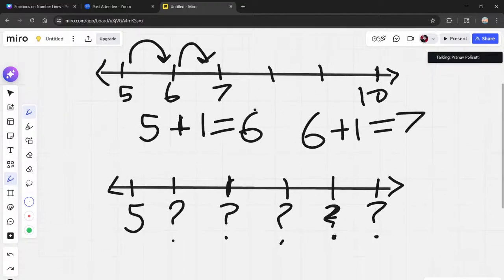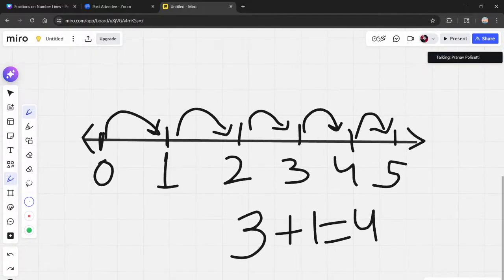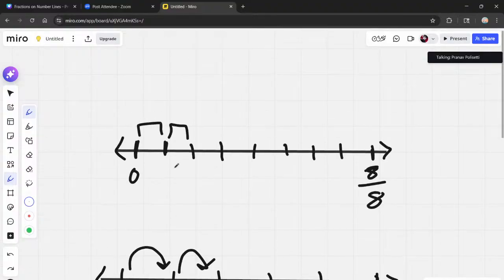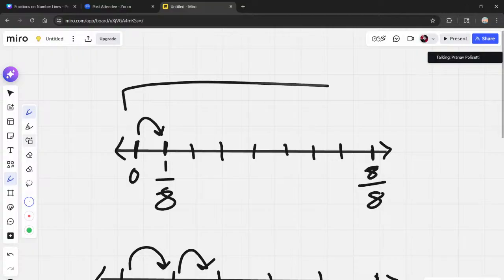It's kind of similar to how the normal number line works, except now the numbers under the vertical lines have changed, right? So now when we're jumping from 0 to the next vertical line, instead of saying it's 1, we're gonna say it's 1 divided by the 8 total pieces because in total we have 8 pieces here, right?